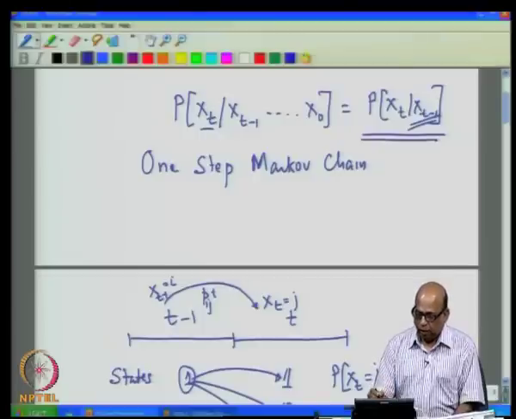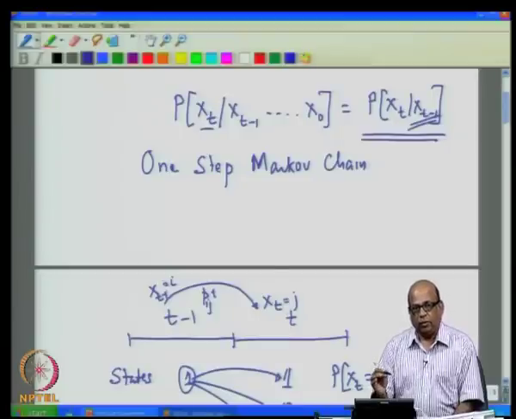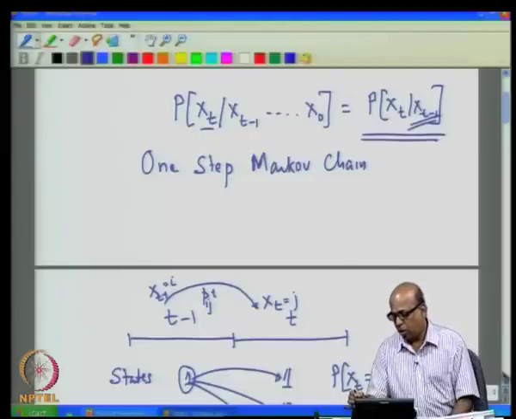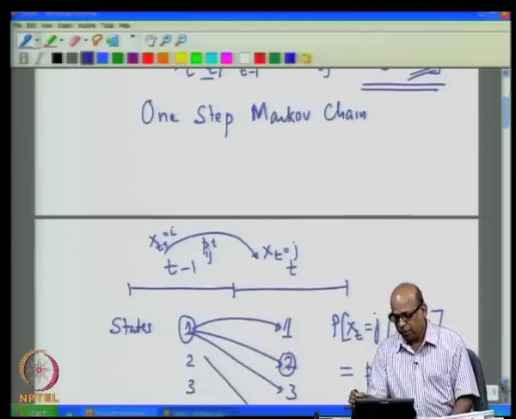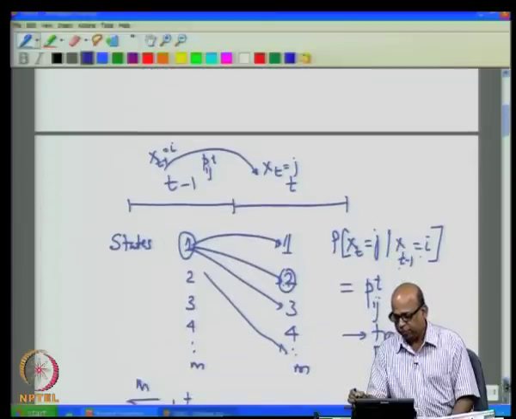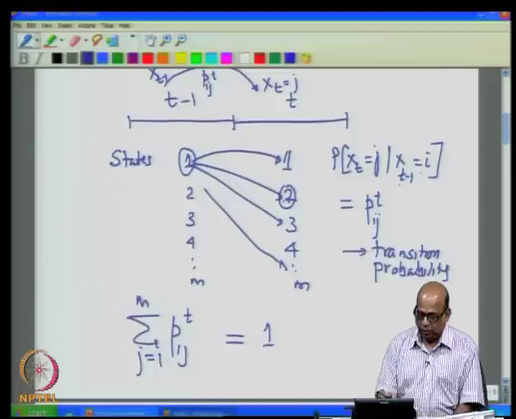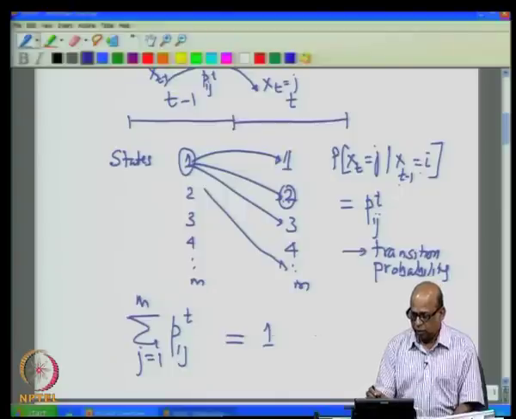Then, because it has to go into one of the states starting with a given state, the sum of the transition probabilities for any given i must be equal to 1 over all j. So, that is the second concept that we got. We write this as the sum of p i j t's from j equal to 1 to m must be equal to 1 for all i.